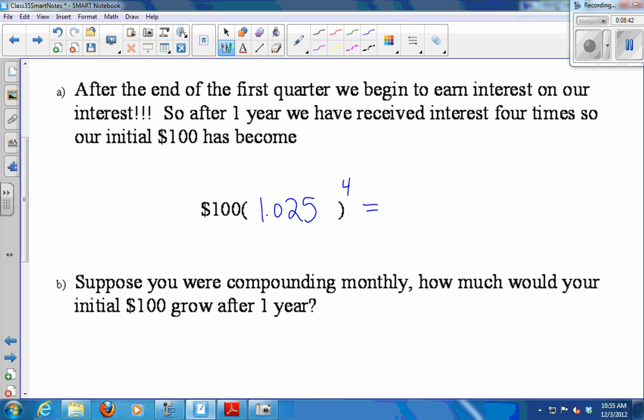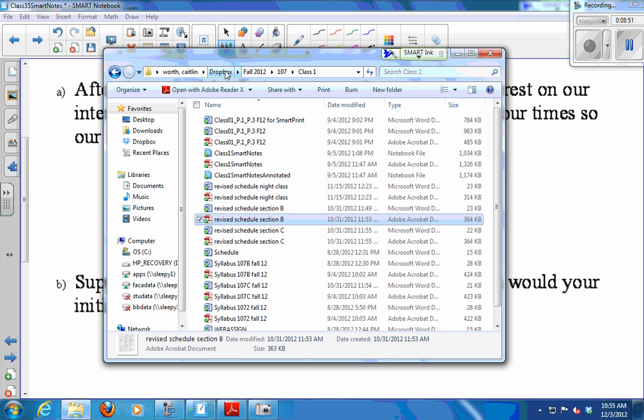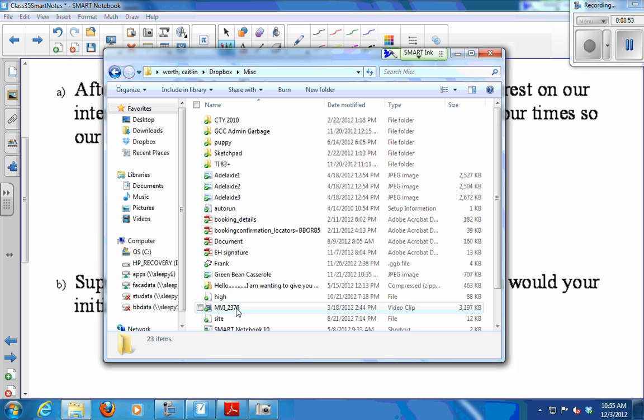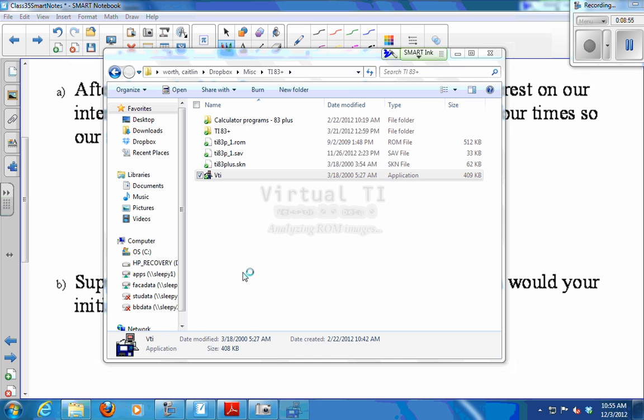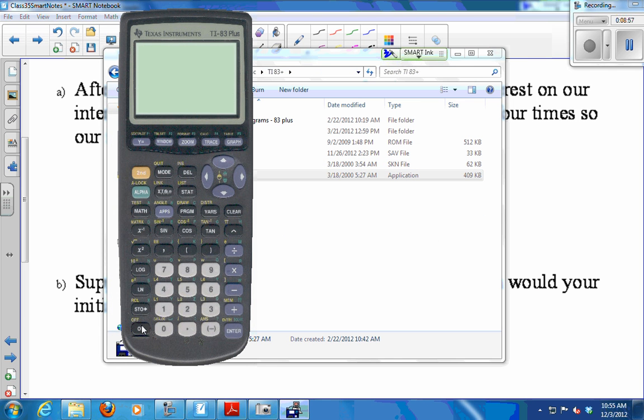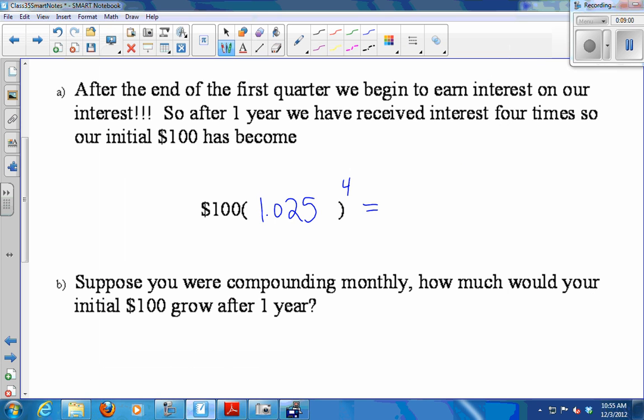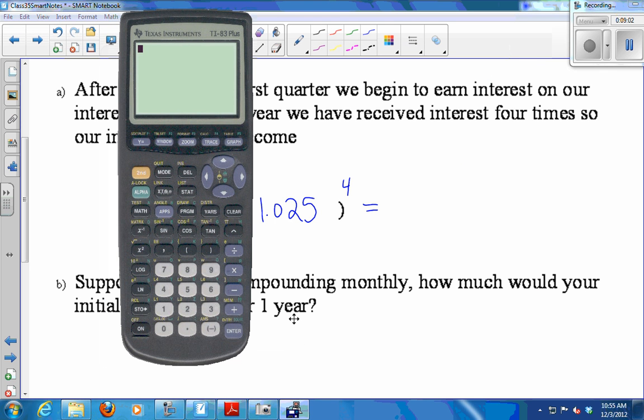Let's pull up a calculator and see what that comes out to. 100 times 1.025 to the 4th, and I get $110.38.